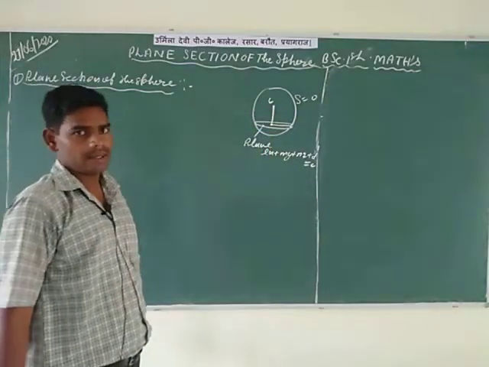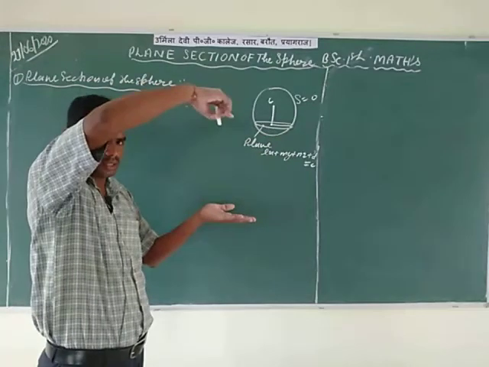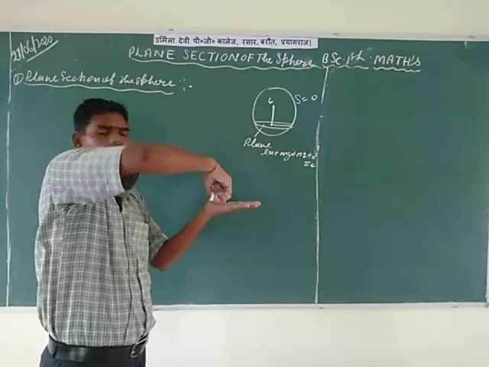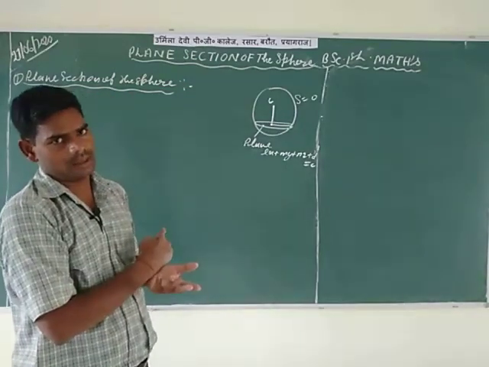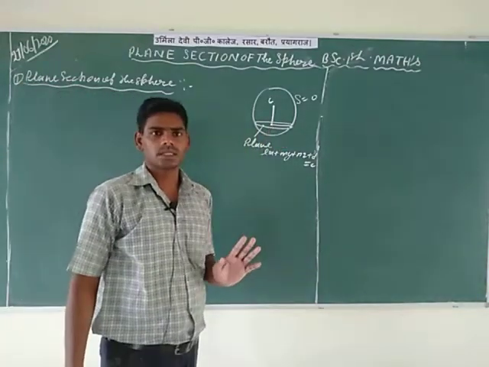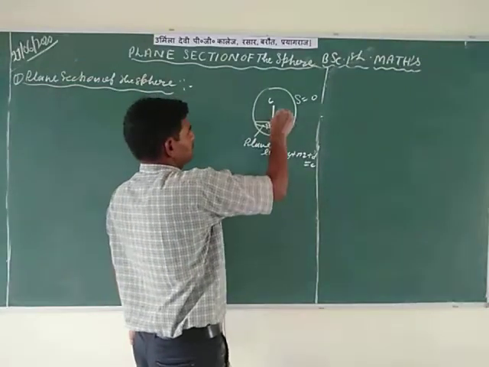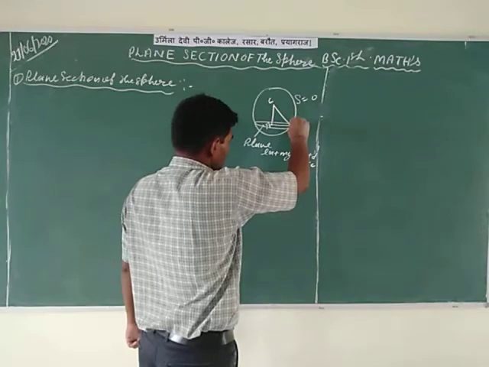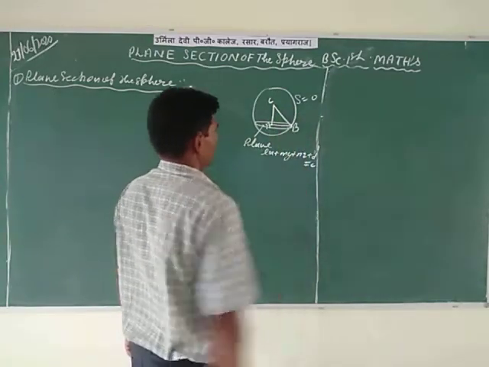The point where it intersects the plane is called the center of the circle and is denoted by capital A. And the line C meeting the cutting point is denoted by capital B.